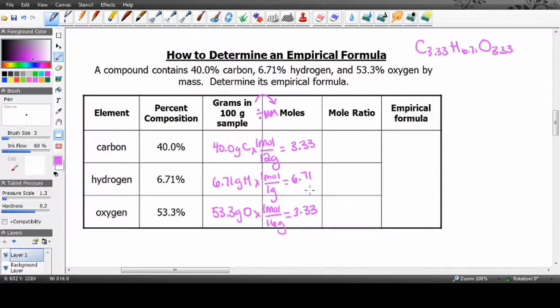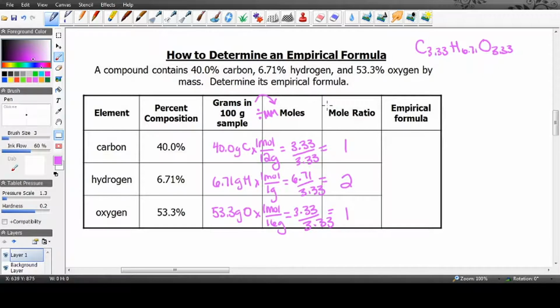So in order to turn these into whole number ratios, we're going to divide by the smallest of those 3 values. So we're going to divide by 3.33, divide by 3.33, divide by 3.33. Now I have a nice whole number ratio, 1 to 2 to 1.